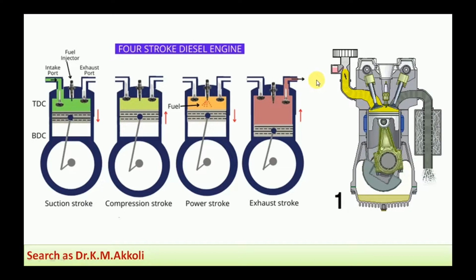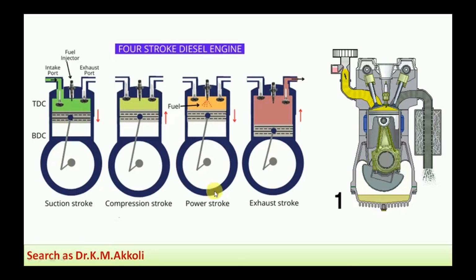The pressure again returns to atmospheric pressure due to the flow of the exhaust gas. Later the piston moves from the bottom dead center to the top dead center, and the remaining gas is discharged through the exhaust valve. That is the exhaust stroke.